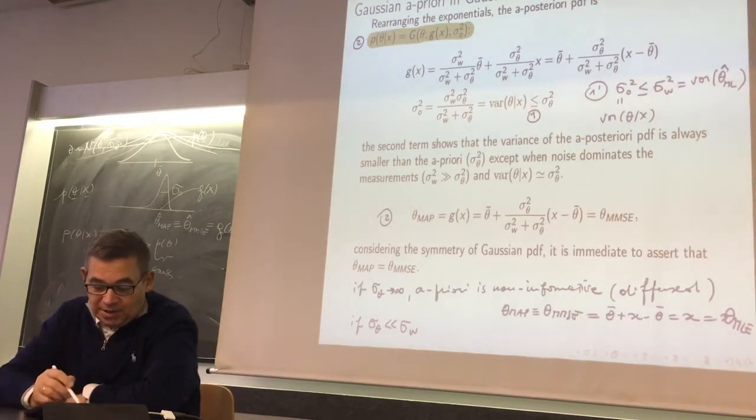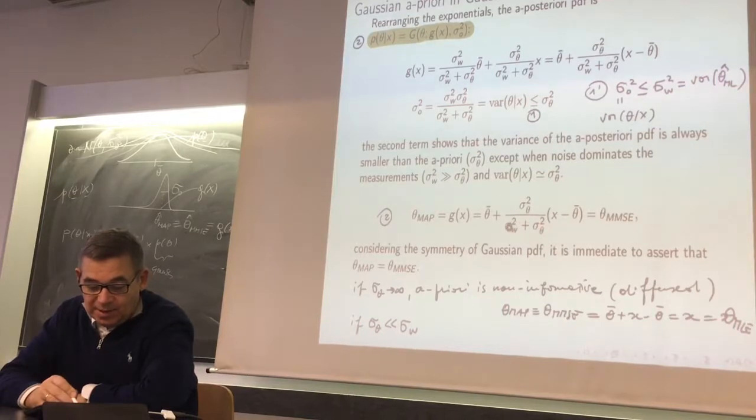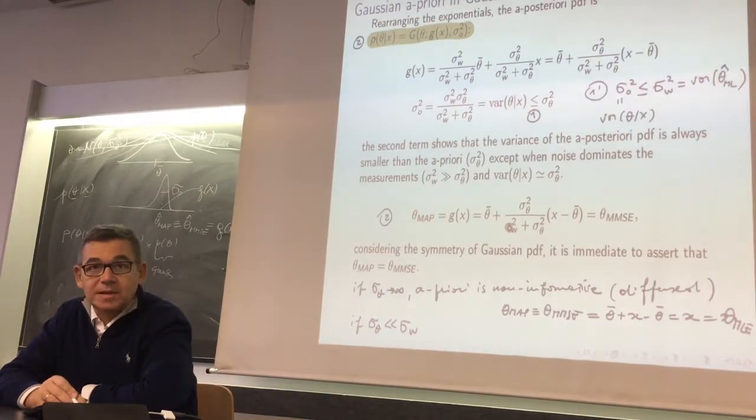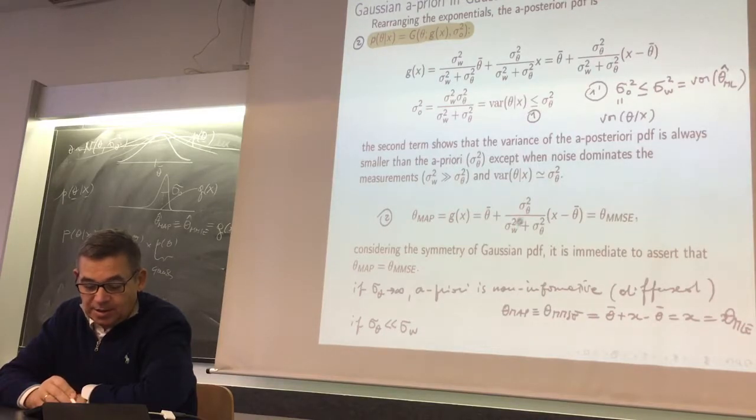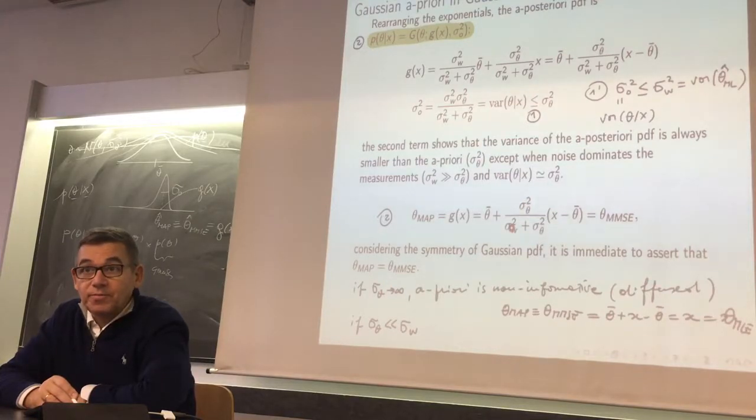This term is dominated by sigma w. So I have theta naught plus a small number divided by a big number, which makes this term approximately 0, or at least negligible with respect to the other.